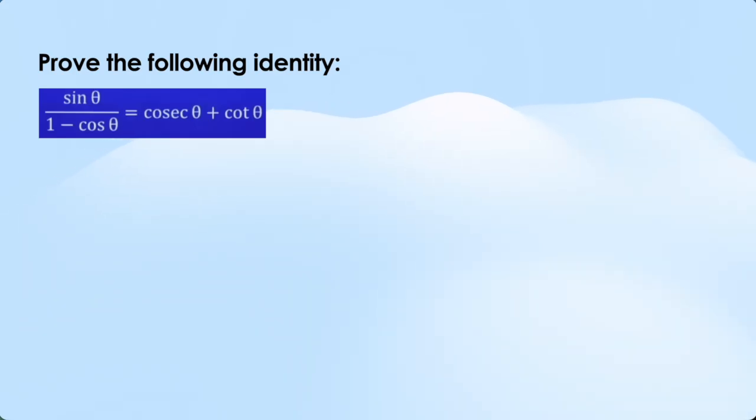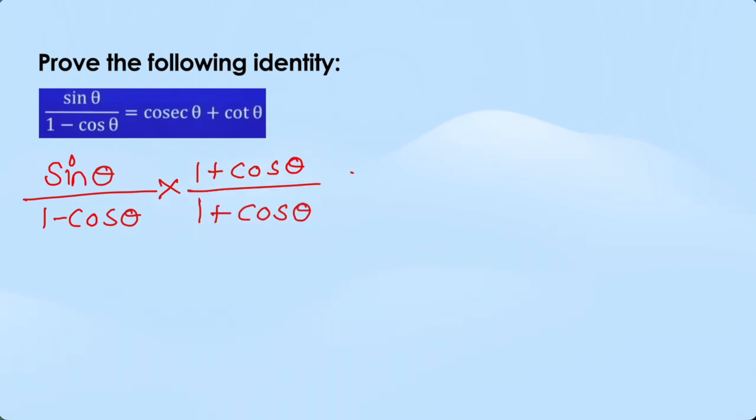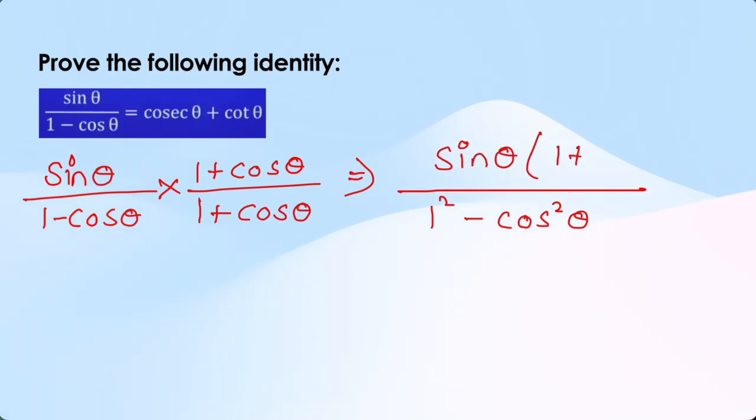Again rationalization, or multiply the numerator and denominator by changing the sign, right? So I will multiply the numerator with 1 plus cos theta and denominator also by 1 plus cos theta. So denominator will become how much? A plus b and a minus b. So denominator will be a square minus b square. Okay? And the numerator will remain same, sin theta 1 plus cos theta.